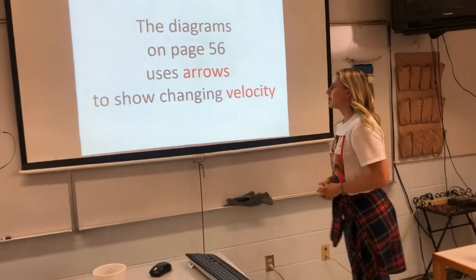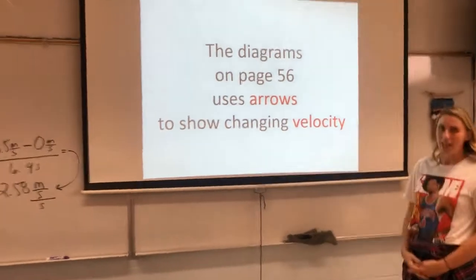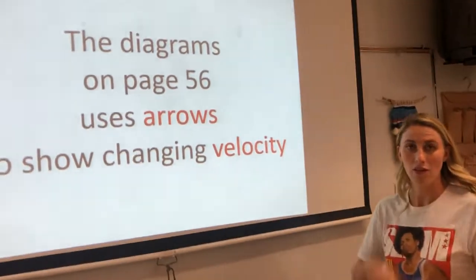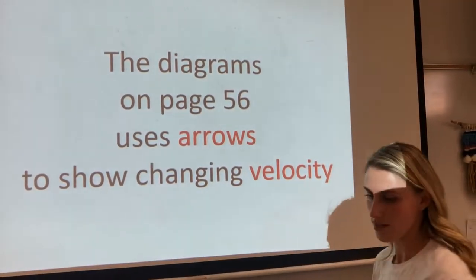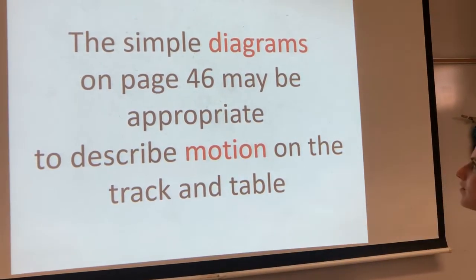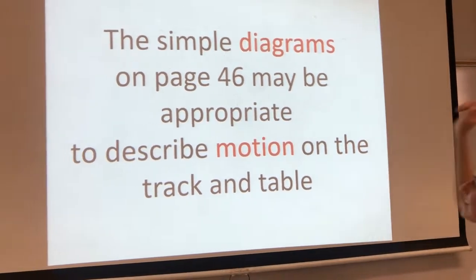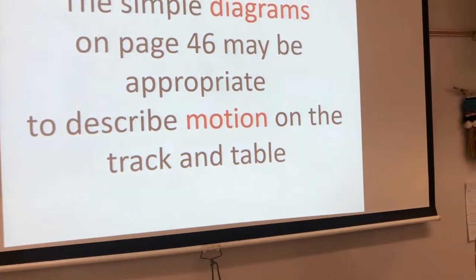The diagrams on page 56 use arrows to show changing velocity. The longer the arrow, the faster the velocity; the shorter arrow, the slower velocity. The simple diagram on page 46 may be appropriate to describe motion on the track and the table.